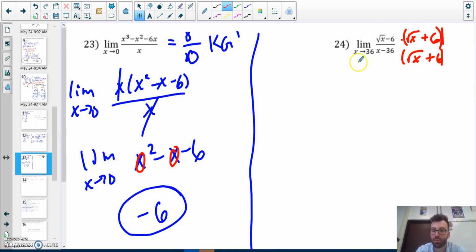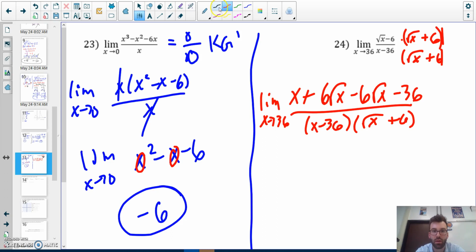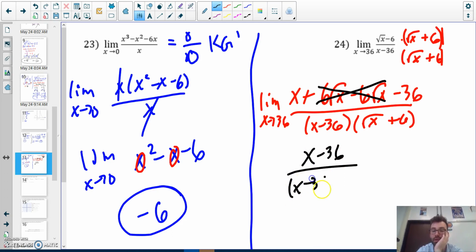Okay, so if I multiply the top, I get x plus... I'm going to pause for a second. Alright, so what's going to happen? 6 plus x, 6 minus, or negative 6, these are going to cancel, right? So I'll have x minus 36 in my numerator, and I'll have an x minus 36 in my denominator as well.